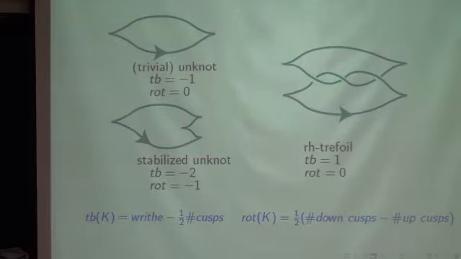We can always do that because that's always going to change the TB by 1, since you're always adding 2 cusps, so you're always subtracting 1. So you can't move from the bottom unknot to the top unknot staying within Legendrian knots. Right. Yeah, these are different.